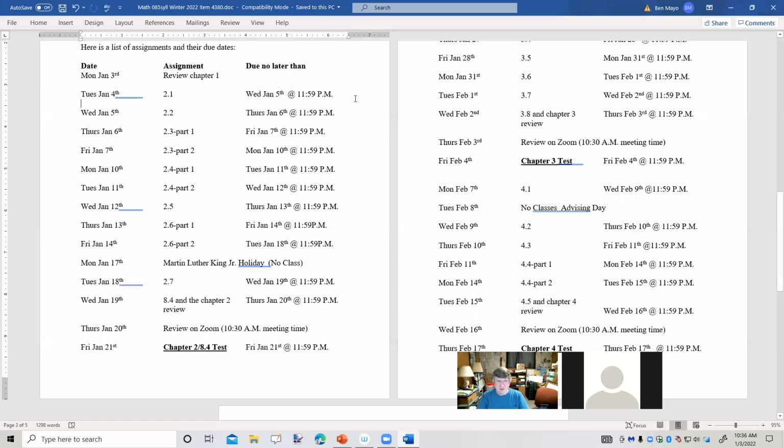The problem with that is if you have questions, you won't get them answered in time when it's due, because at 11:59, the assignment disappears. You can't access it anymore. So what you need to do is on the day that it's assigned, you work on the assignment. So tomorrow, we'll be looking at section 2.1.